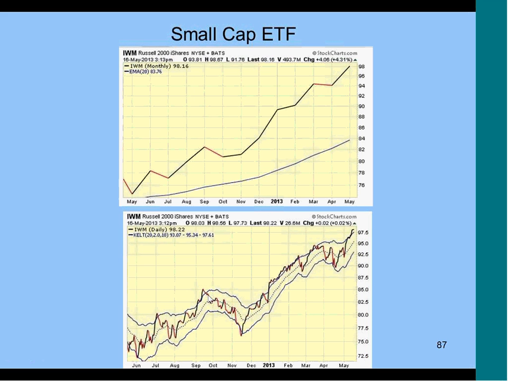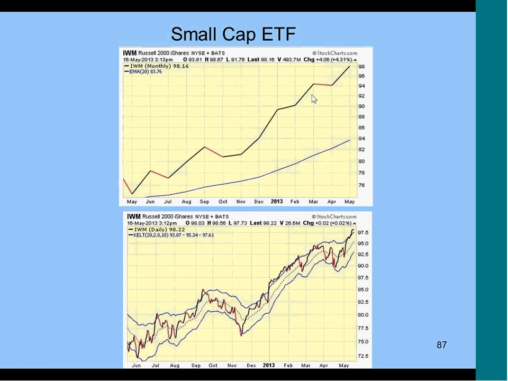So what I wanted to do is wait till it became oversold and then take a position in this small cap ETF. We can see right here, November of last year, the small cap ETF became oversold, and that's when I initiated this position. This is just an example of using the Keltner channels to help us enter a market that's in a strong bull market when it has a temporary retracement.